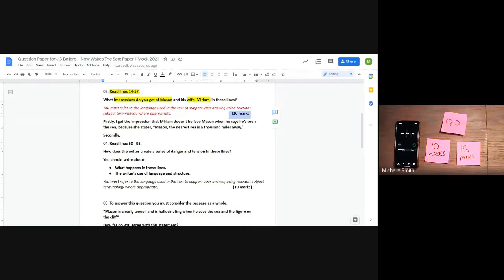Remember, you can talk about both Miriam and Mason, but we cannot go beyond the lines stated, so only up to line 57. So what I would do, I would set a timer on your phone for 15 minutes. Remember, question 3 is a 10-mark question. Give yourself 15 minutes to answer it.